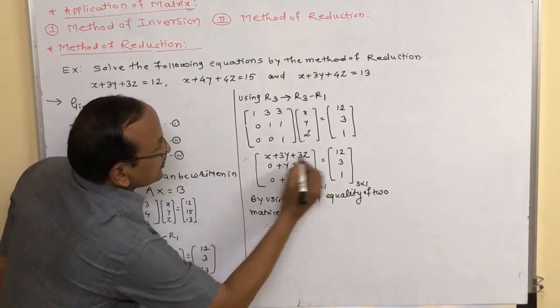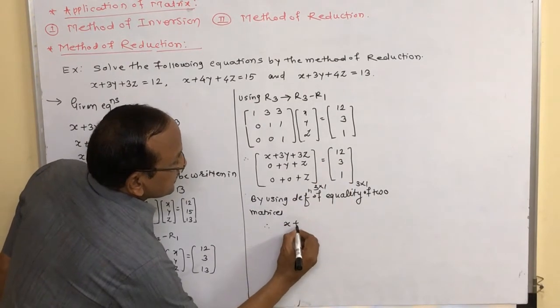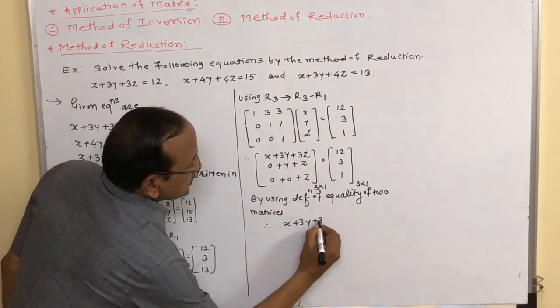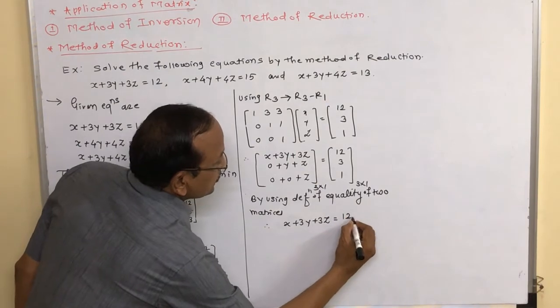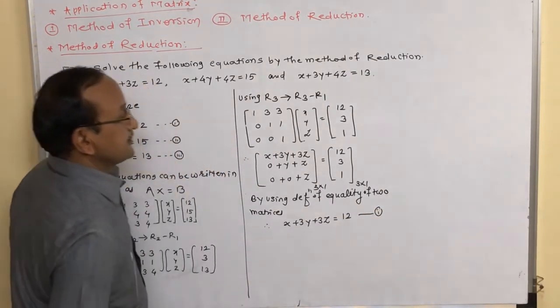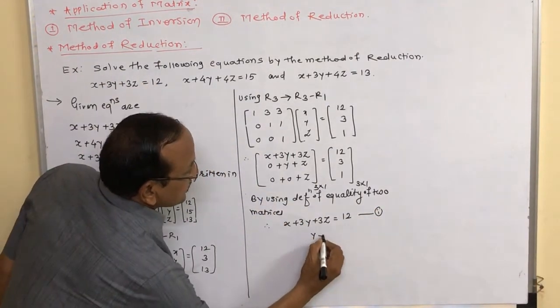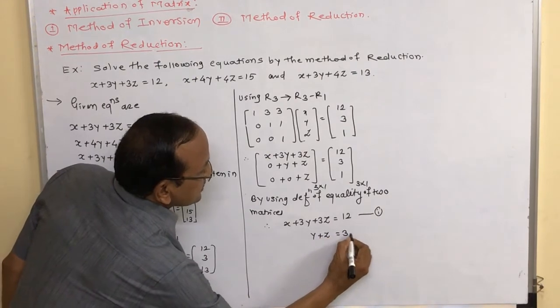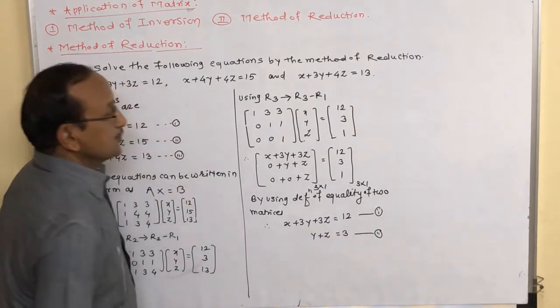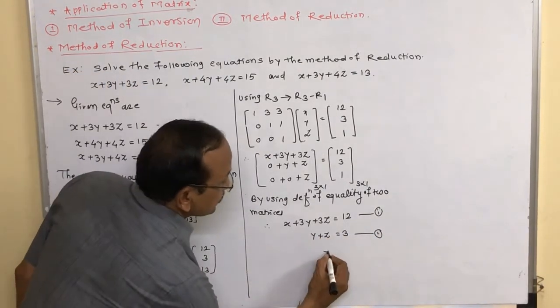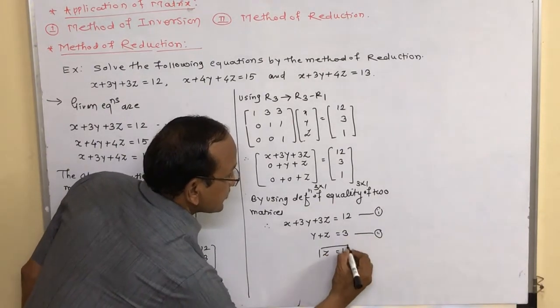So x plus 3y plus 3z is equal to 12, number 1. Now the second equation, y plus z is 3, number 2, and then z is equal to 1.